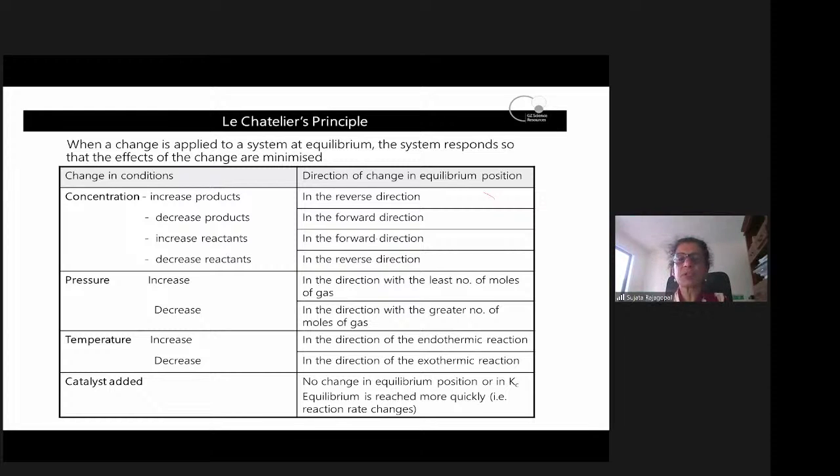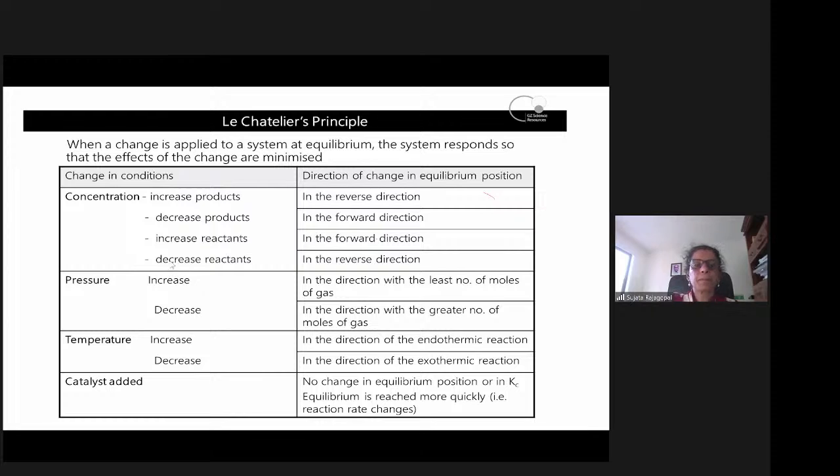If the concentration is being changed and there is an increase in products, the direction of change in the equilibrium position will be in the reverse direction. If there is a decrease in products, it is in the forward direction. Increase in the reactants, it is still in the forward direction. And if it is a decrease in the reactants, it is in the reverse direction.